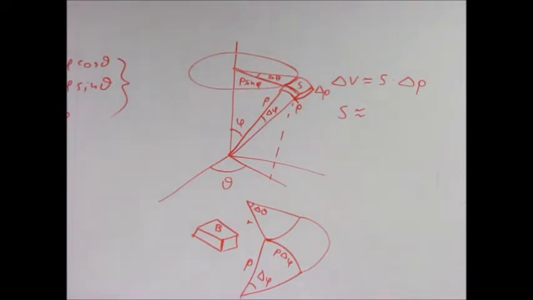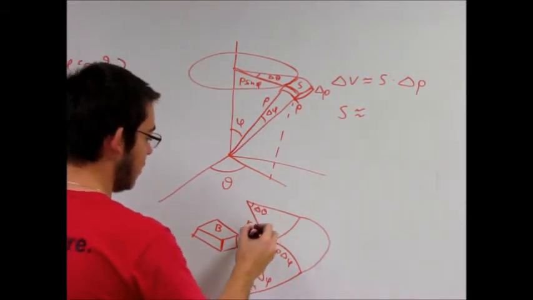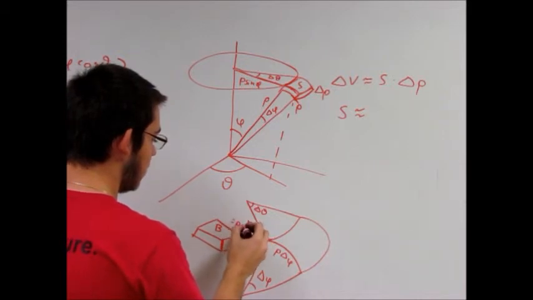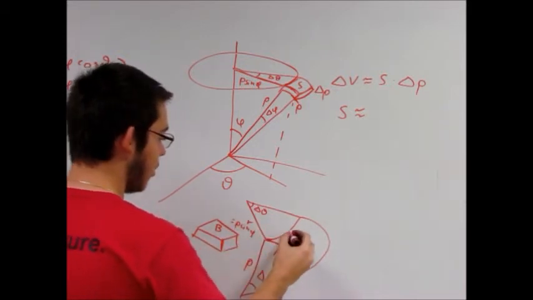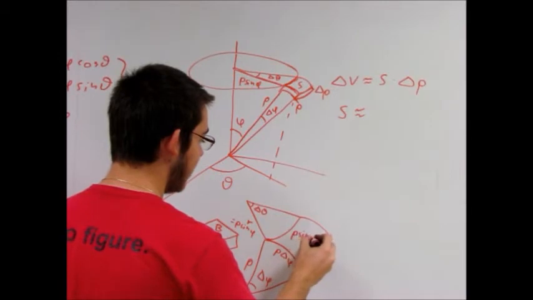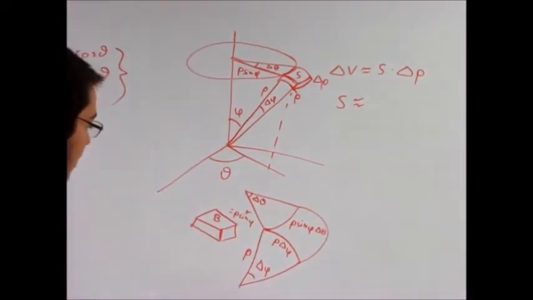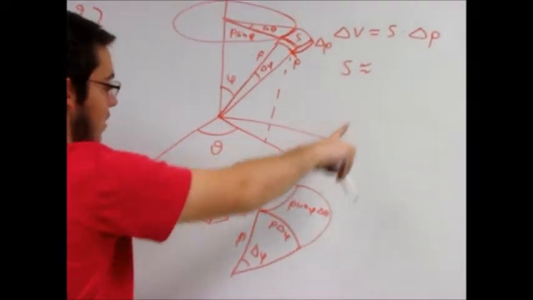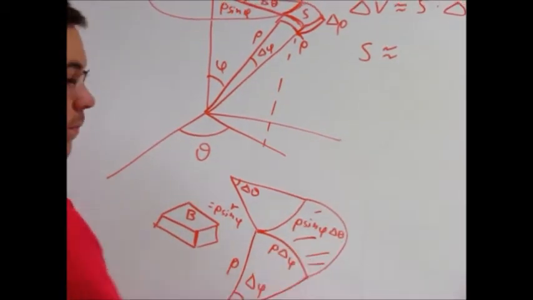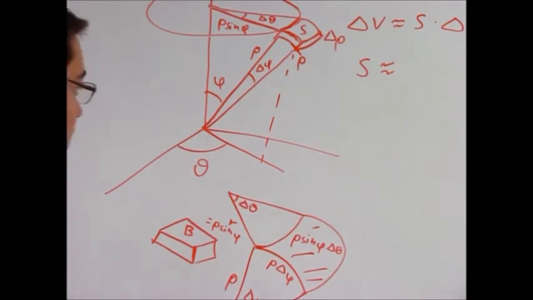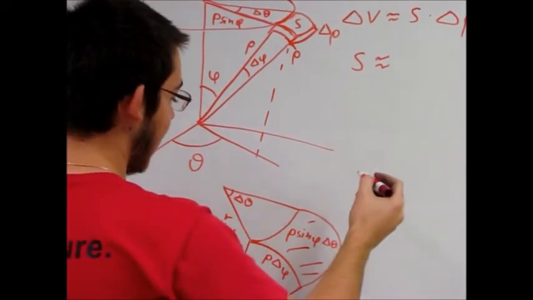So the arc length here is rho sine phi delta theta, and so S, the surface area of this, which we approximate like the area of a rectangle, is going to be these two multiplied together.